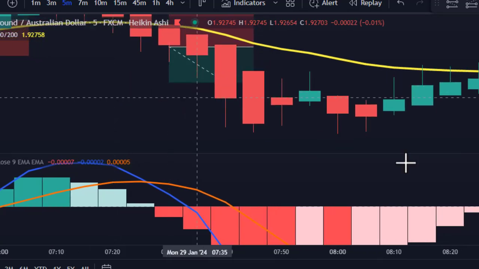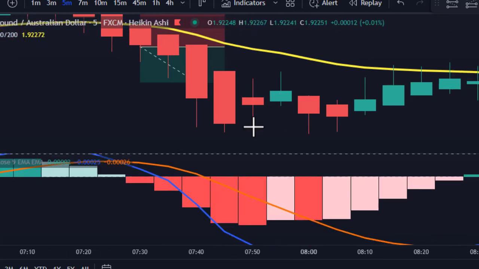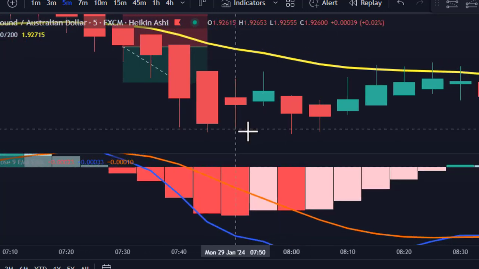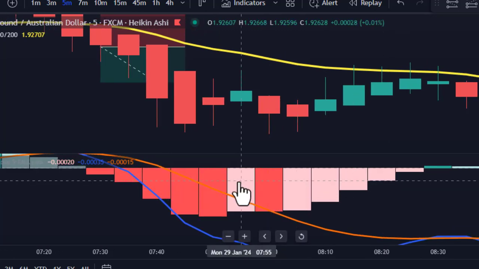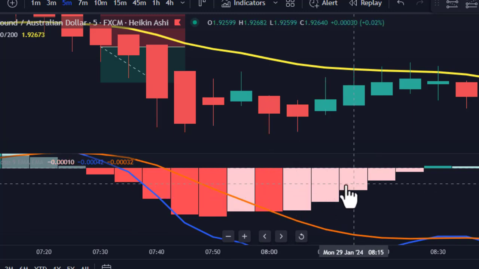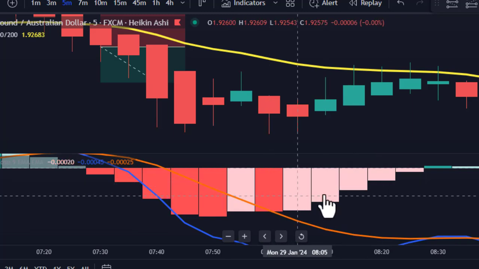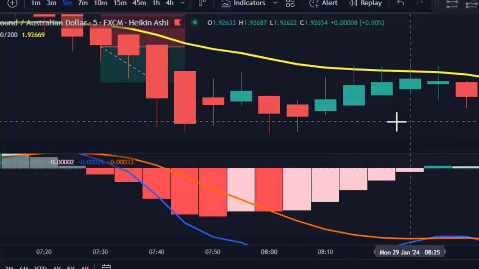That's that, and then we're gonna look for another opportunity if we get one, but we see sellers and price dropping, fading out over here, buyers trying to push the price upward, but they couldn't.